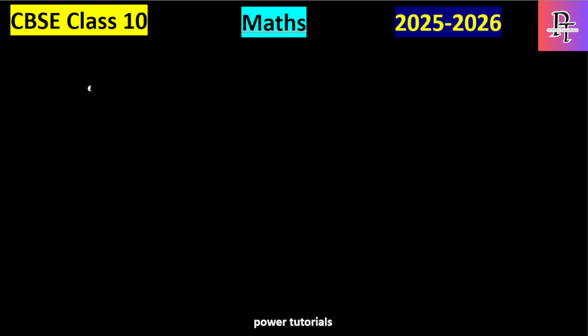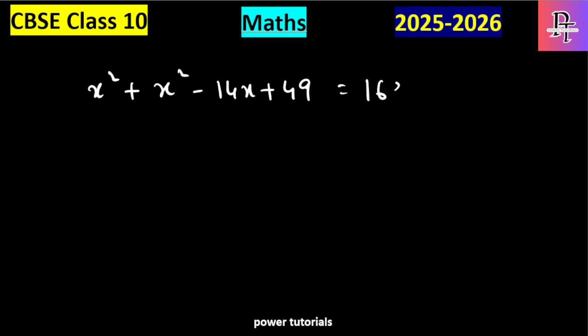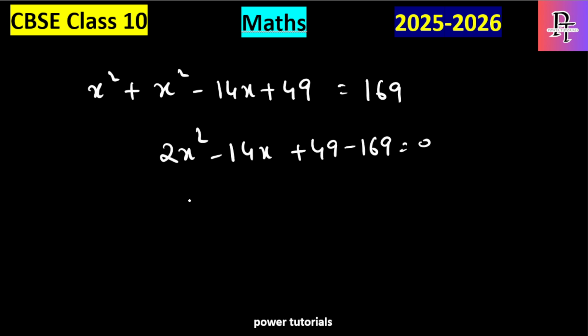So it becomes x square plus (x minus 7), which is (a minus b) whole square, a square minus 2ab plus b square, is equal to how much? 13 square. 13 square is 169. Okay, so it becomes 2x square minus 14x plus 49 minus 169 is equal to 0. So 2x square minus 14x, and 49 minus 169 becomes minus 120.